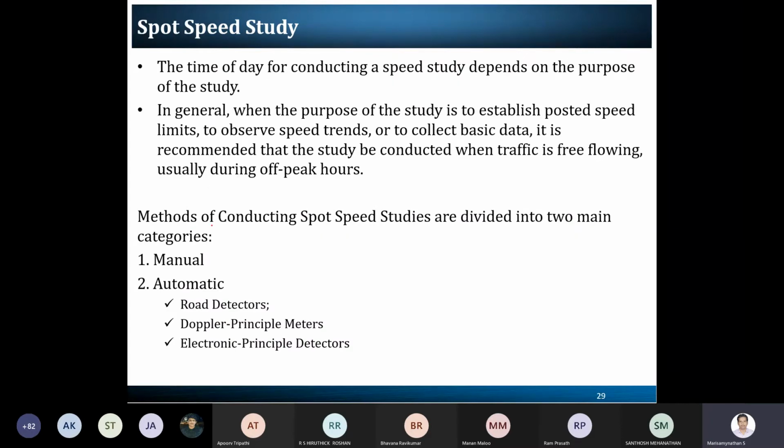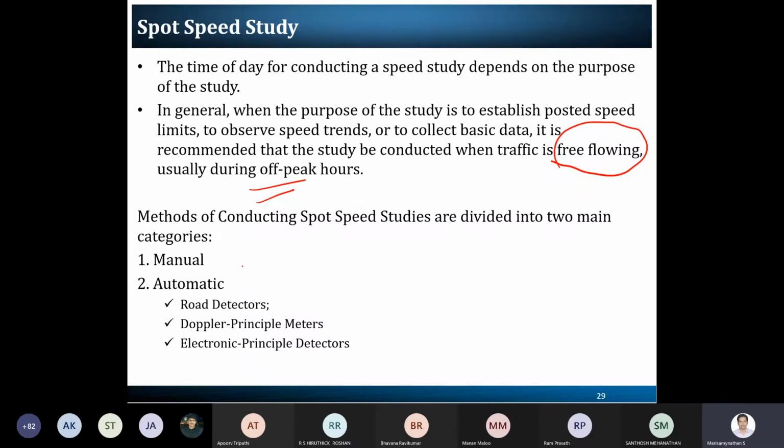For spot speed, whenever you want to study the speed, you have to conduct the study during the off-peak hours. In the peak hour, congestion, delay and queues happen, and we cannot see the maximum speed at that time. So the study has to be conducted during off-peak hours only. Only then can we measure the free flow speed. But it still varies with respect to the applications or the objective of your study.